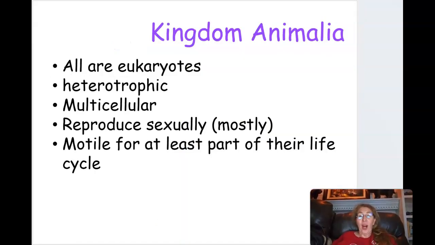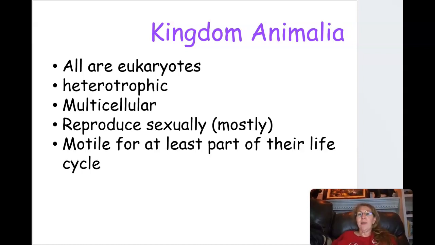And that leads us to our kingdom. We are in the kingdom Animalia. All organisms in Animalia are eukaryotic, meaning that their cells have nuclei and membrane-bound organelles. Most are heterotrophic, meaning animals have to ingest other organisms to obtain their energy for life.